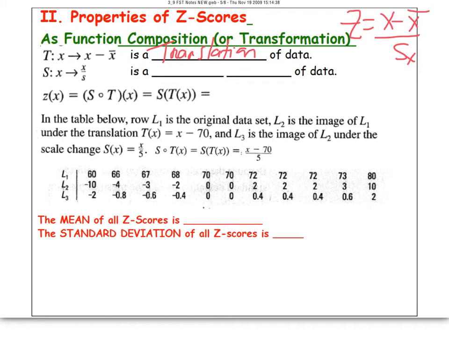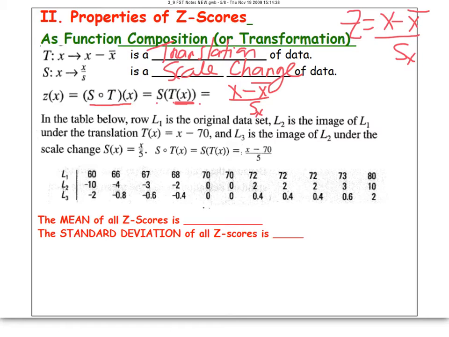When they divide by a value, this is a scale change of the data, which we talked about in section 6. Well, section 7, we just talked about function composition. So what they do is S of T of x, the scale change of the translation. When you take the translation and embed it in the scale change, what you end up getting is the actual z-score calculation.